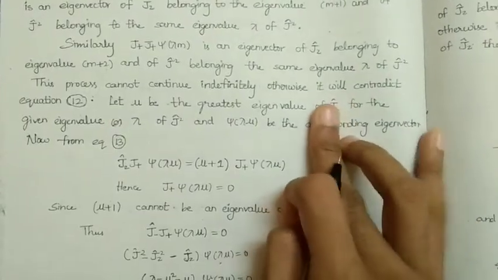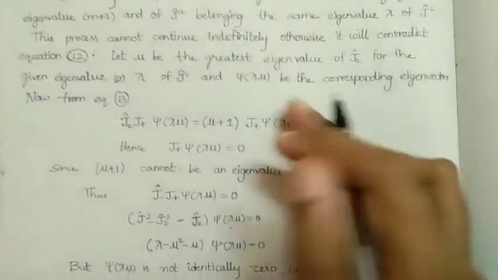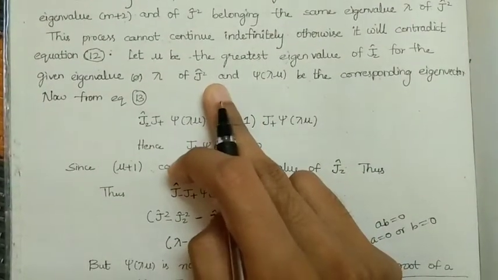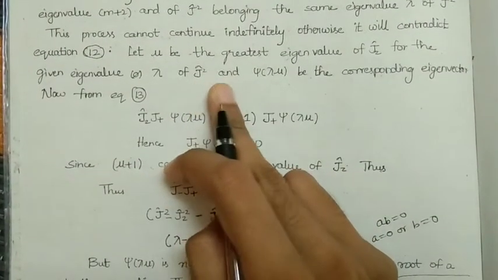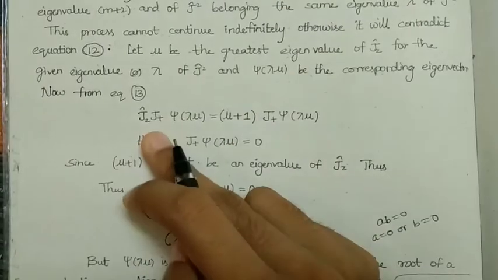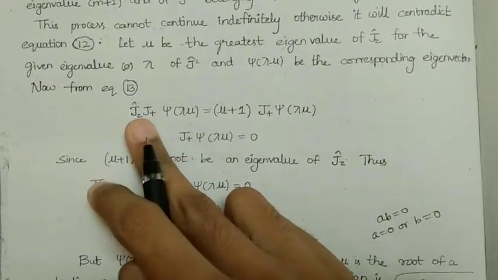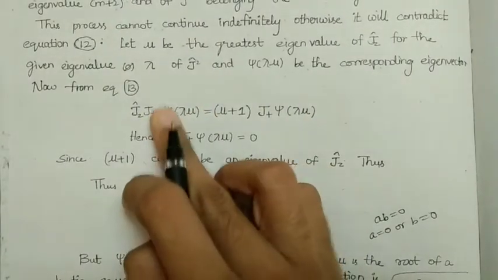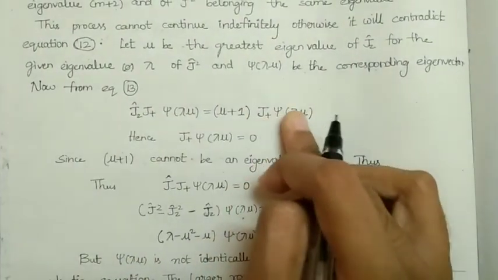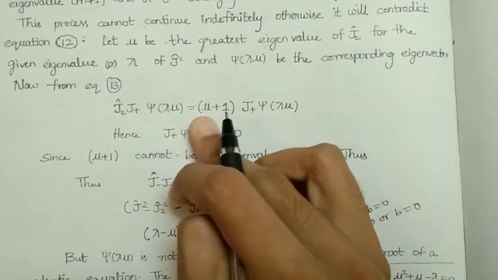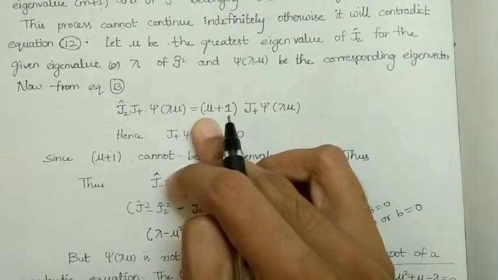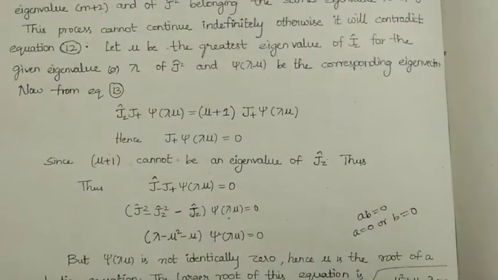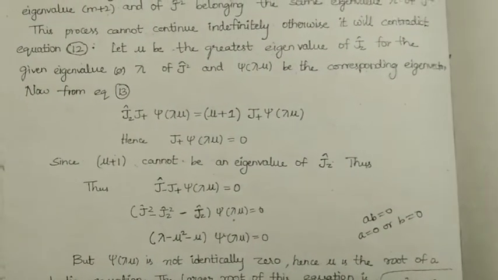Then for jz, for a given eigenvalue lambda, with the corresponding eigenvector, if we consider jz operating on j plus into psi of lambda mu, it would give us the same j plus psi of lambda mu, but here the eigenvalue is mu plus 1. But j plus psi of lambda mu must be 0.